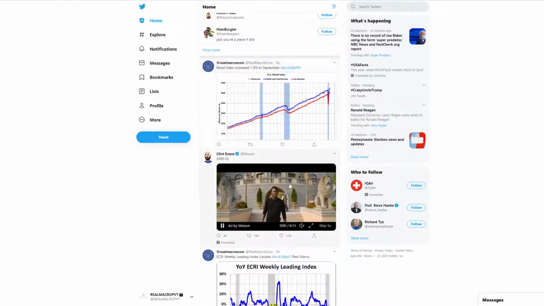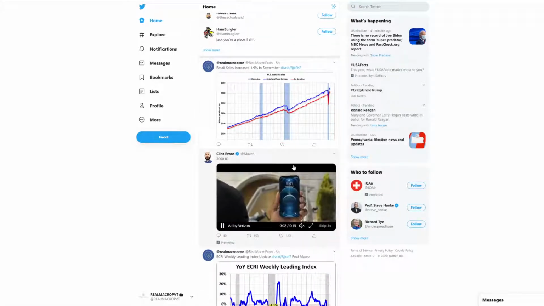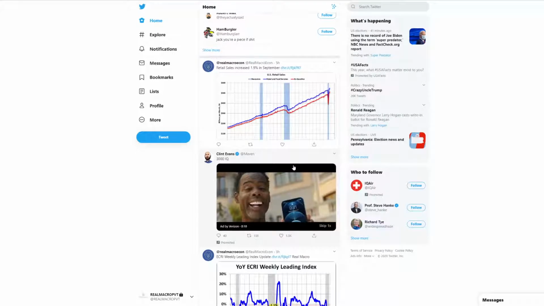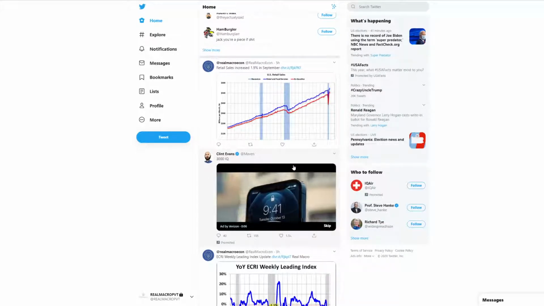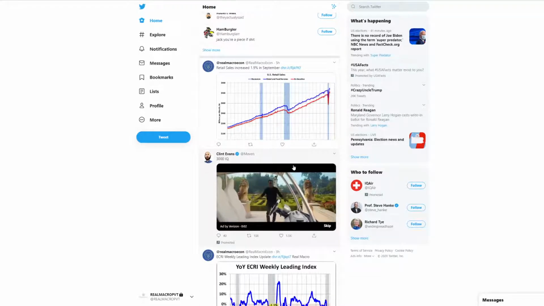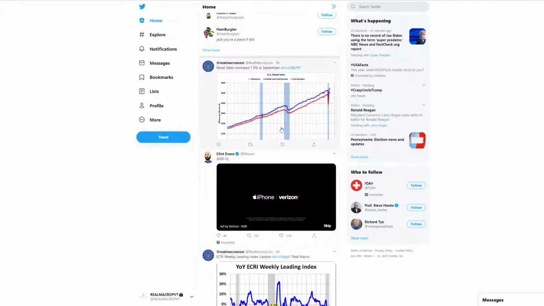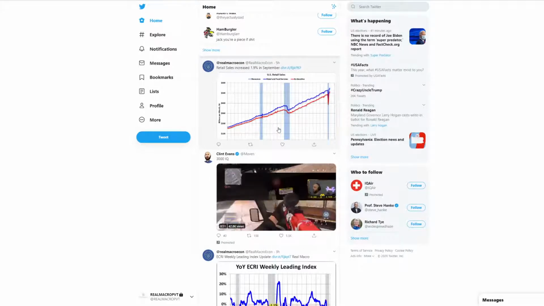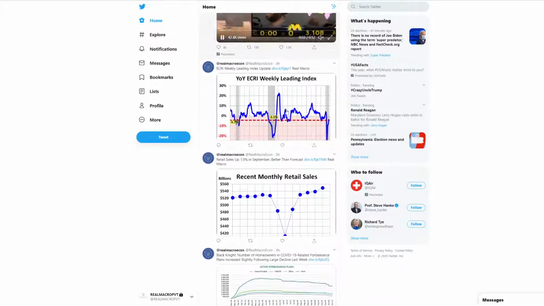Even when they come out, they're revised later. So it's important, but the forecast stuff has been really off, especially that Fed one. It's just all over the place. The weekly leading indicator, which is not as powerful, is still in contraction mode.